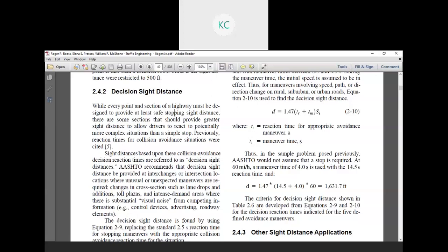Different maneuvers occur instantaneously, so the driver needs a particular kind of facility that provides a stopping distance without any collision.